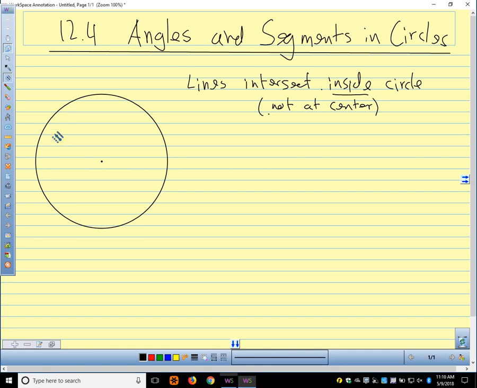So in that situation, we have something like this. We have two segments that are intersecting inside the circle, but they intersect not at the center. So these are not central angles.